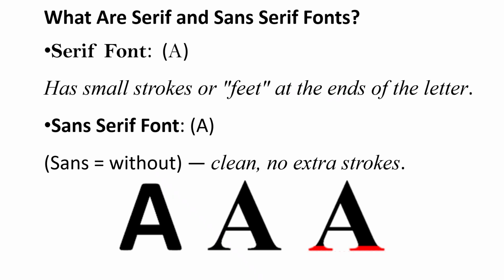So picture number 1 is sans serif, picture number 2 is serif, and the feet or strokes are particularly pointed out in the third picture by making them red in color. So serif font has small strokes or feet at the ends of the letter, and sans serif, without serif, are clean with no extra strokes and no extra flourishes.